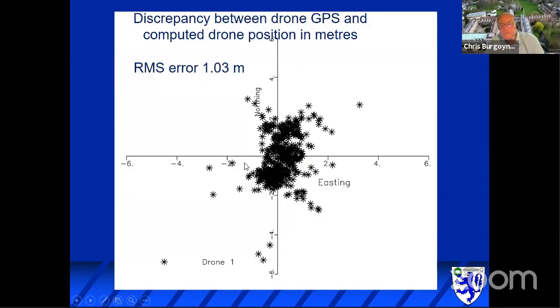And this is interesting because what we then do is I can build a model of the college using those 600 or so drone photographs, and that will adjust the input positions. And this is a plot of the discrepancy between the position as measured by the GPS in the drone and the computed position after I've analyzed it.